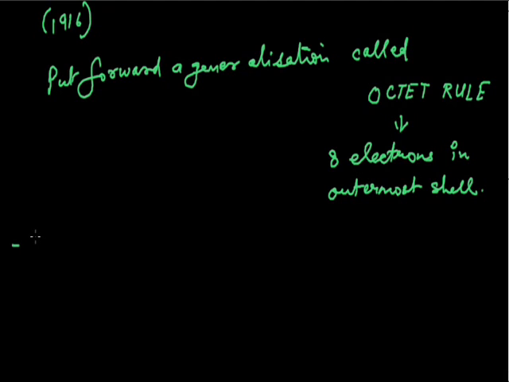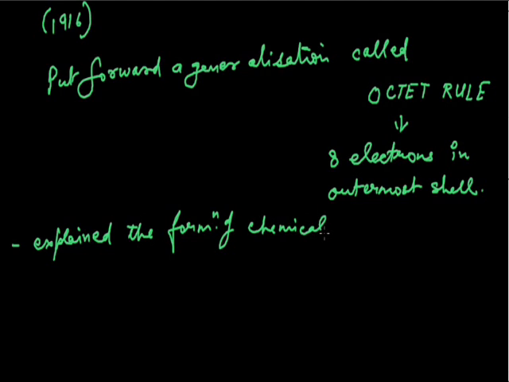Kossel and Lewis explained the formation of chemical bonds by using the concept of valence electrons.